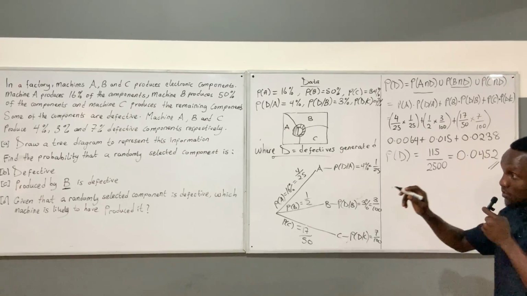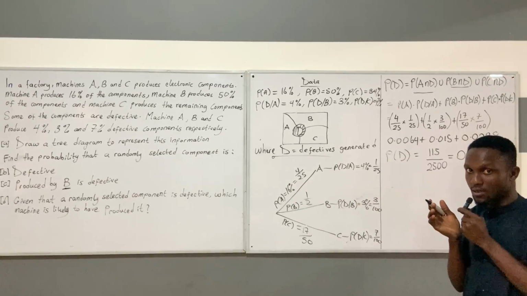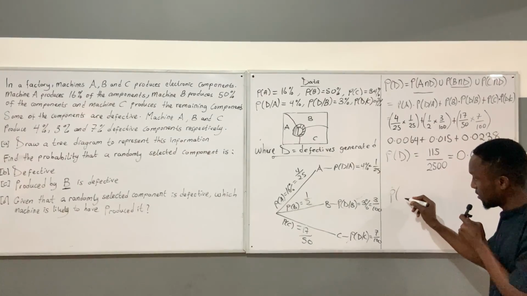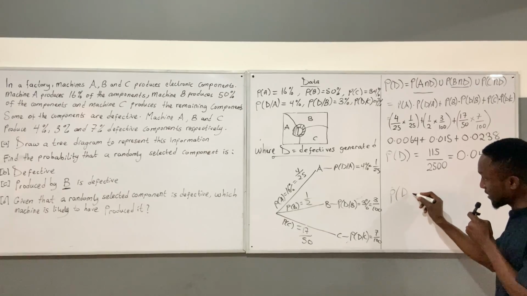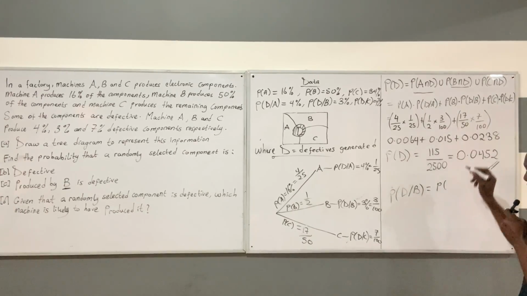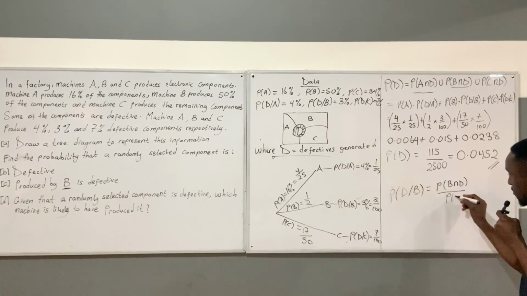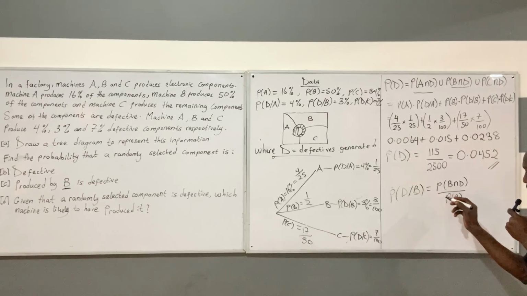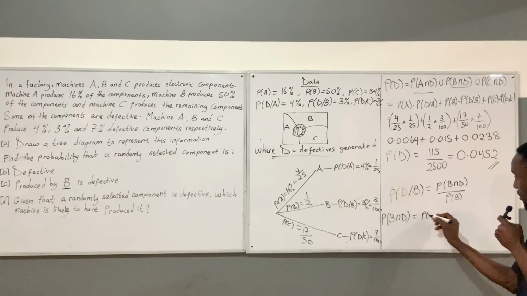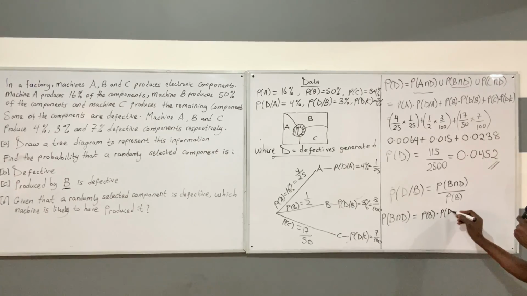Because we are conditioning on B, let's write the conditional probability formula together. So we have P here, and we are finding the defective conditioning on B. Okay, and that is going to give us probability of B intersection D out of P of B. Now when we cross multiply, we have probability of B intersection D equal to probability of B times its conditional probability D given B has occurred, which we already know.